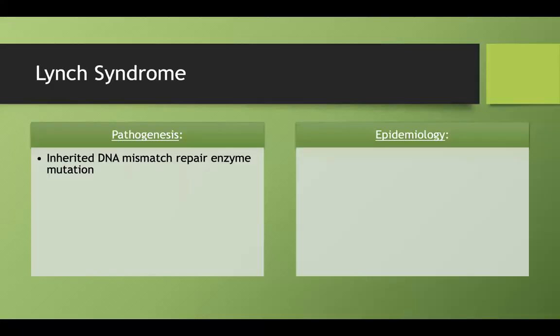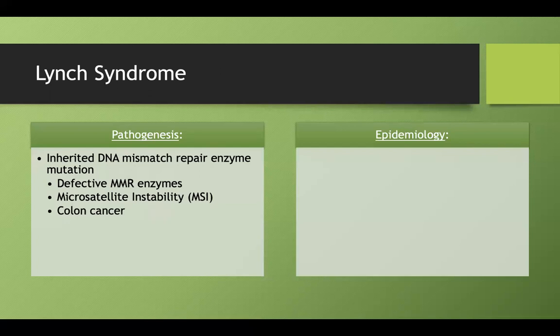Lynch syndrome is an inherited DNA mismatch repair enzyme mutation. Just as FAP was our germline APC mutation, this is our germline mismatch repair enzyme mutation. If you have defective MMR enzymes, you're going to get microsatellite instability and ultimately colon cancer.